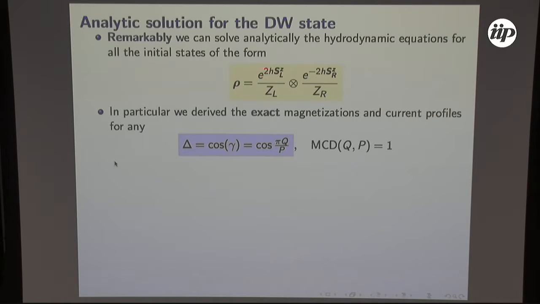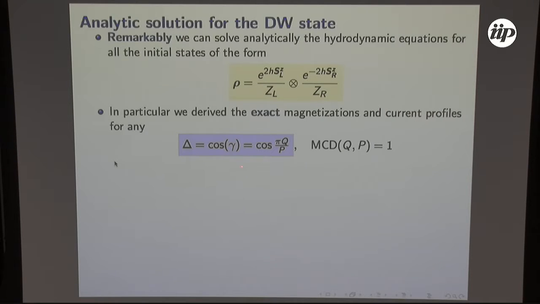Actually, this happens for any finite h, but in particular that state, which is a sort of representative of this class, is so special that this nonlinear integral equation can be solved exactly. When I say exactly, I mean you can write down a solution in terms of elementary functions.